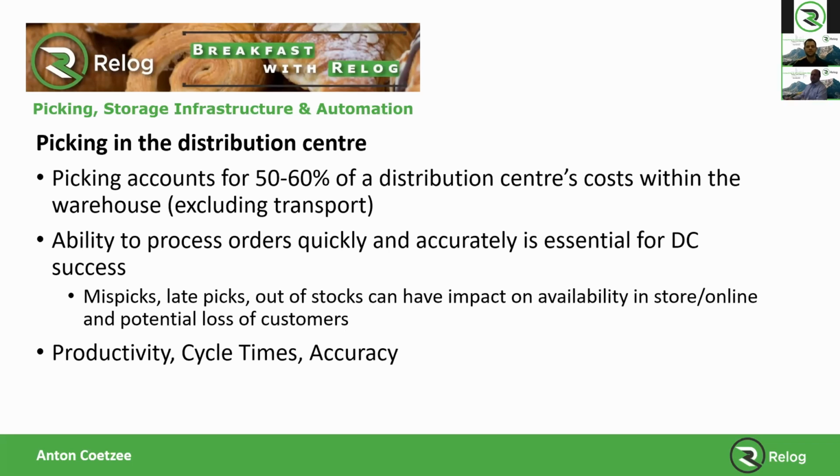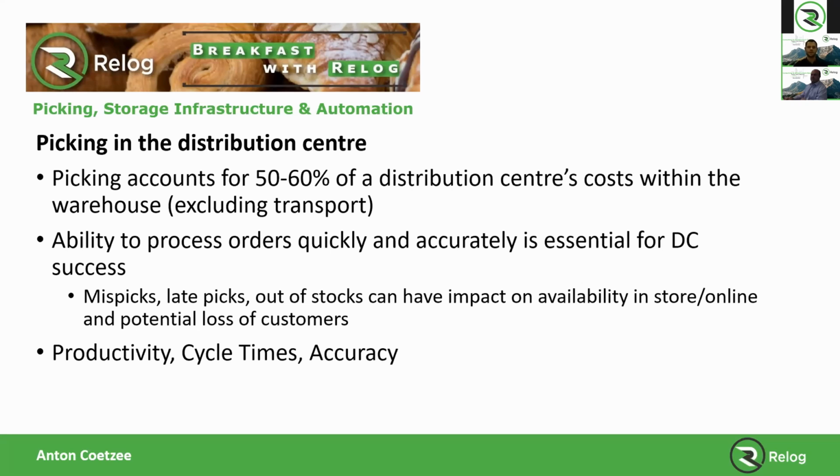The key objectives when designing a picking operation are to maximize productivity, reduce cycle times, and increase accuracy. This means maintaining and exceeding our target pick rates. Travel time for pickers can cause a major loss in productivity, so it's important to also think of travel paths and our picking paths to keep that as short as possible.